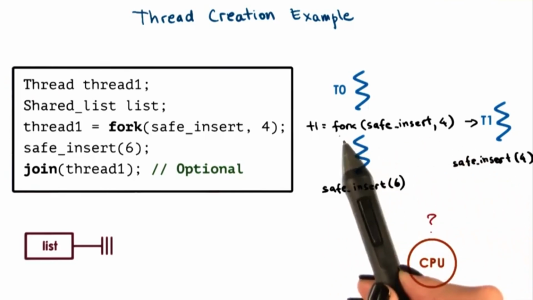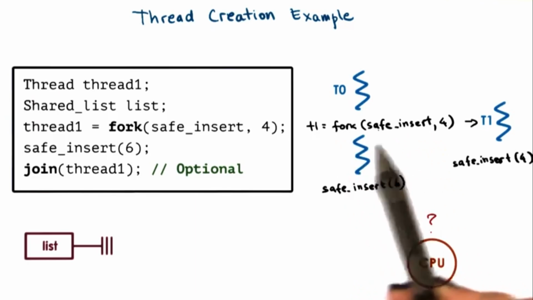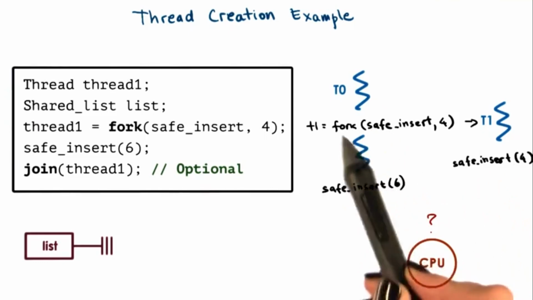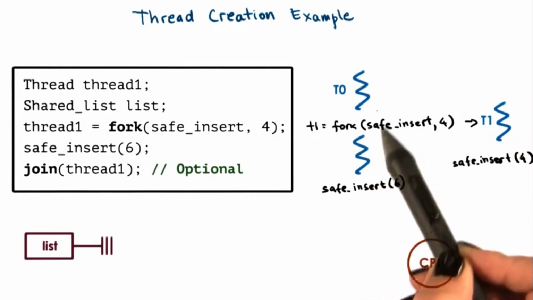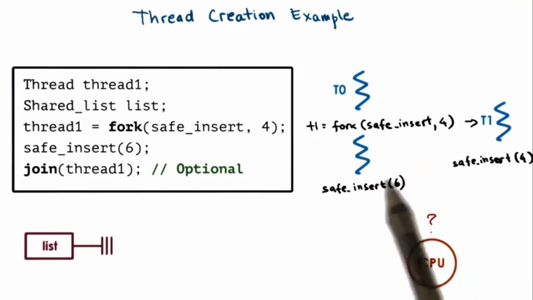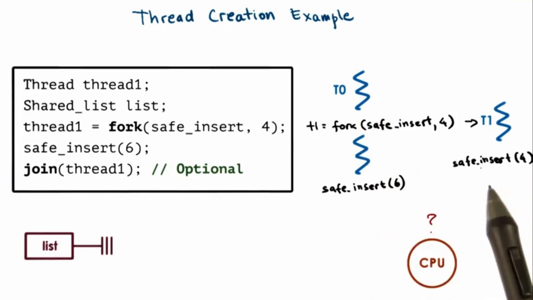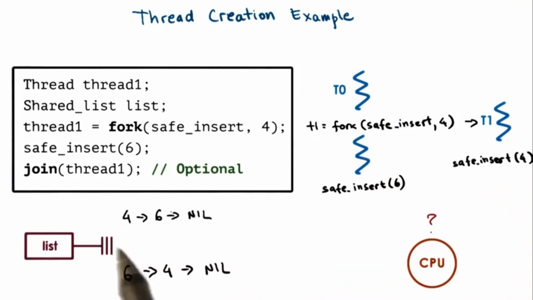It is not guaranteed that when this fork operation completes, the execution will actually switch to T1 and will allow T1 to perform its safe insert before T0 does, or if after the fork, although the thread is created, T0 will continue and the safe insert with argument 6 that T0 performs will be the first one to be performed. So as a result, the list may have a state where the child completes its safe insert before the parent, or the other way around, the parent completes before the child does. Both of these are possible executions.